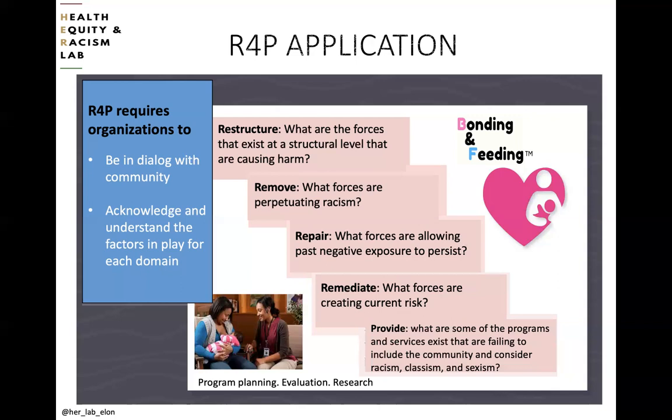Or what forces from the past, even if now gone, still have influence on current conditions? What forces are creating current risk? And finally, what are some of the programs, interventions, and services that are failing to include the community and that fail to consider the effects of racism, classism, and gender-specific needs and the intersections of these? Again, doing all of this in partnership with community is a vital component of this process.